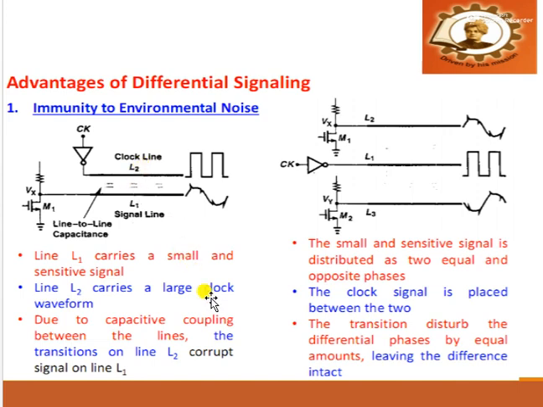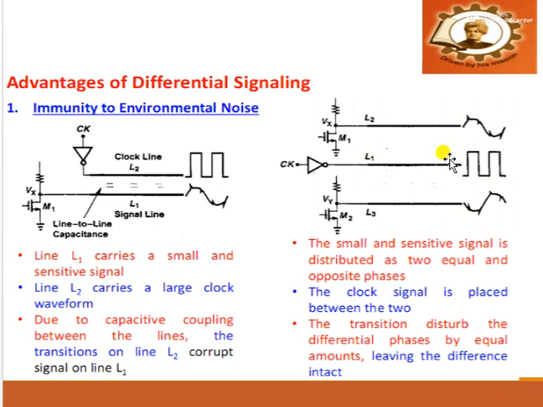So this crosstalk plays a vital role, and we have to remove this crosstalk by using a differential line. So this is shown in the figure. In this figure, the small and sensitive signal is distributed as two equal and opposite phases, and the clock signal is placed in between these two lines.